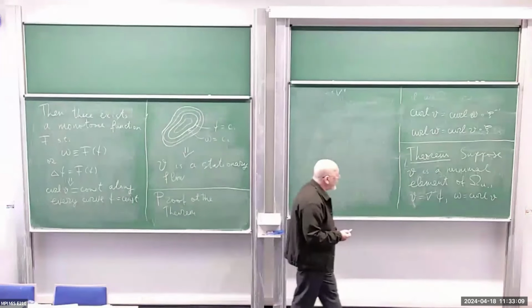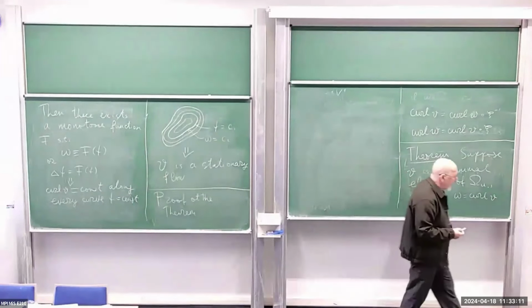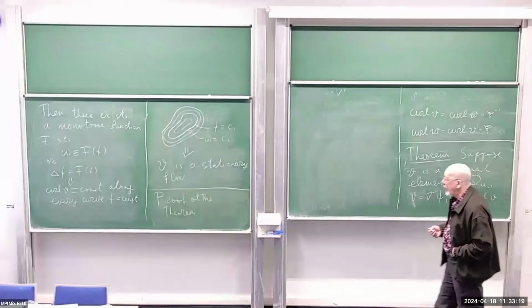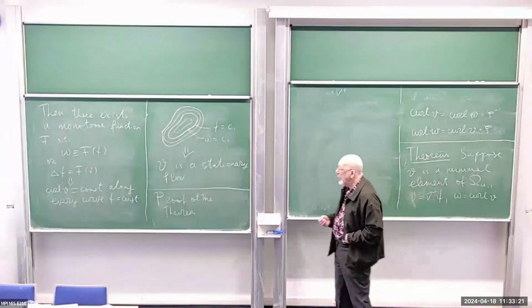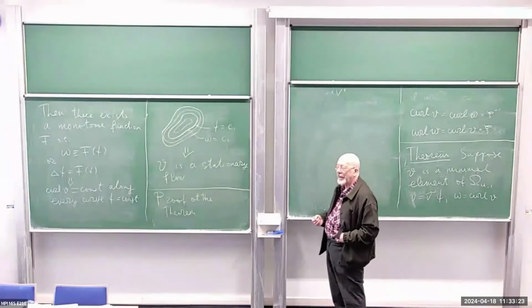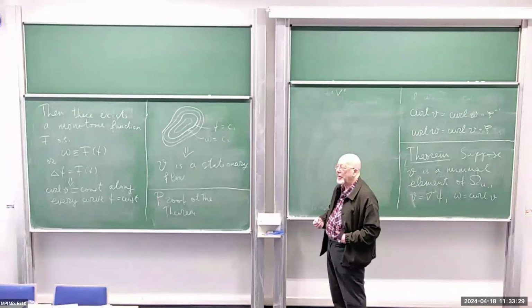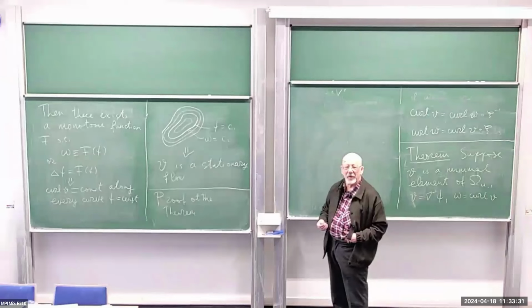So I have to introduce some sort of variations. What is variation? In the calculus of variations, we have different sorts of small variation. What is small variation?